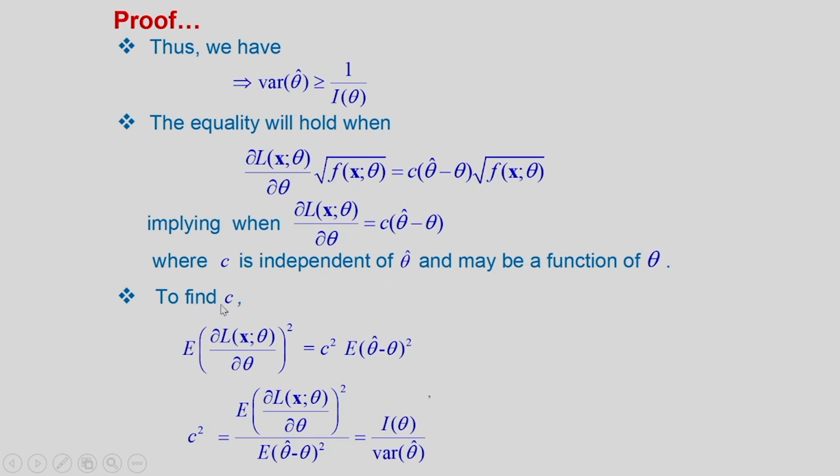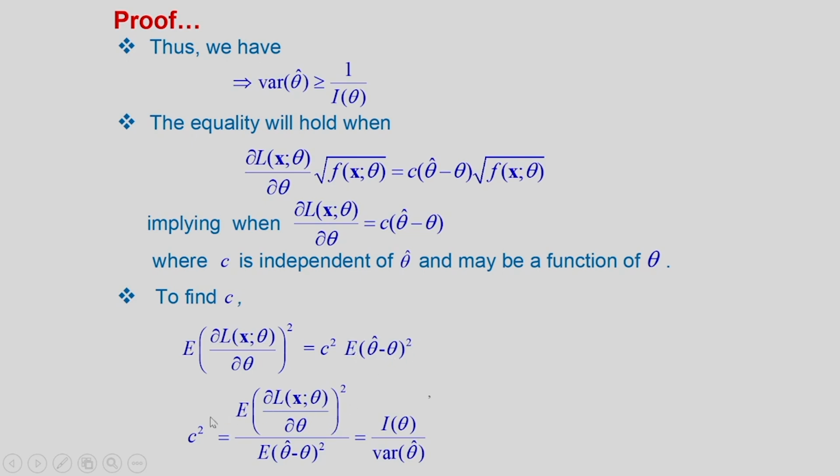Now, to find c, if we take the square of this and take the expectation, then E of (del L del theta) whole square will be equal to c square times E of (theta hat minus theta) whole square.